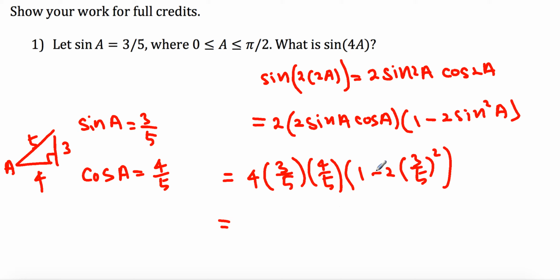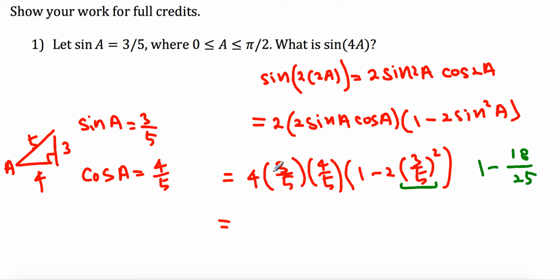Let me try to calculate this one first. We get 3 over 5 squared becomes 9 over 25. Now that 9 over 25 is multiplied by 2, so we get 18 over 25. But when that is subtracted from 1, then we get 7 over 25.